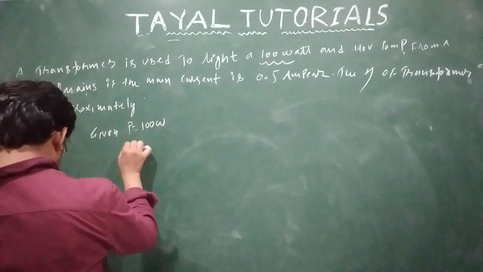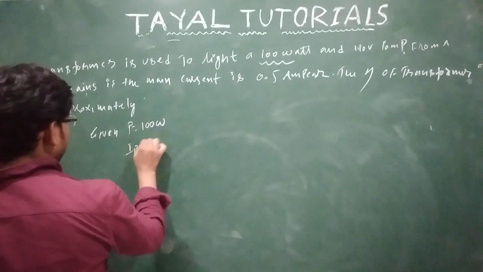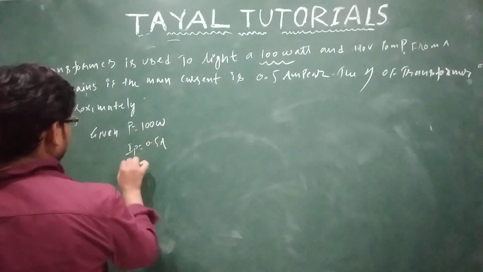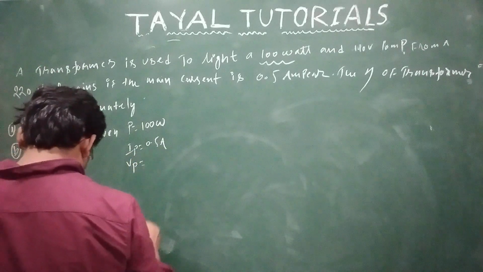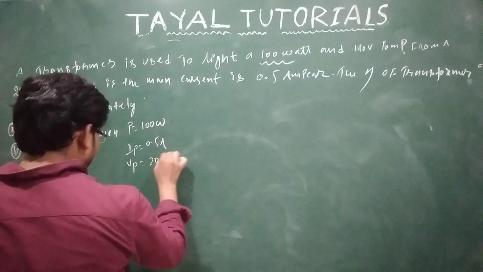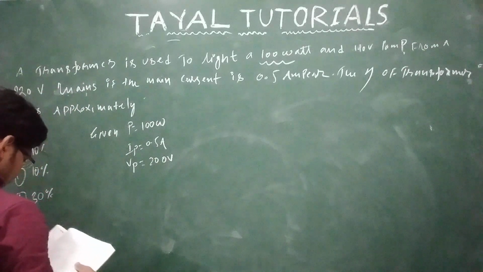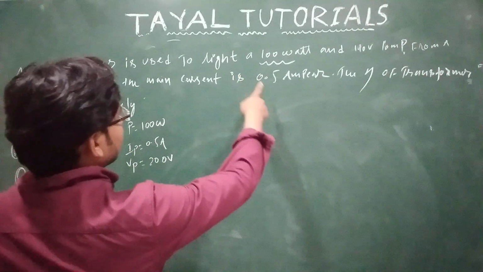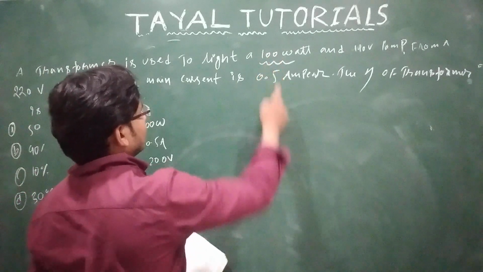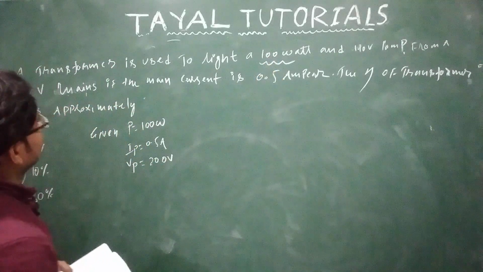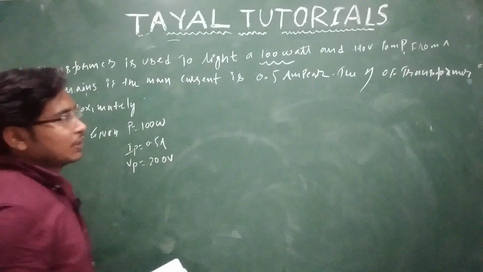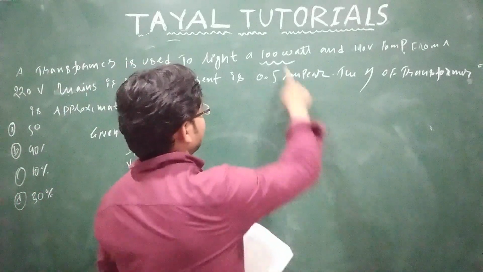Ip is equal to 0.5 ampere. Vp is equal to 200 volt. They are asking the efficiency. This P is nothing but your output, means Vs into Is, you can say that it's your output.